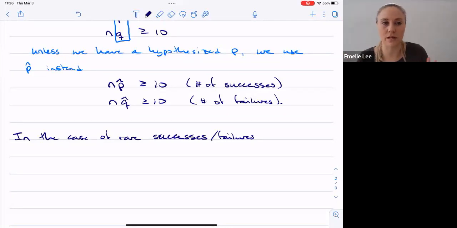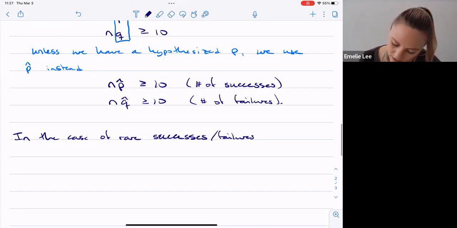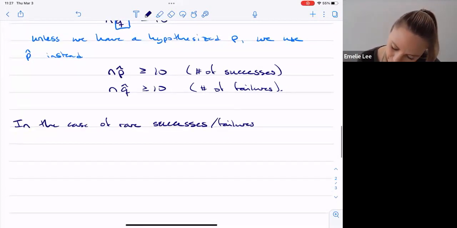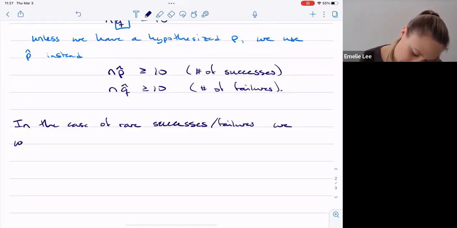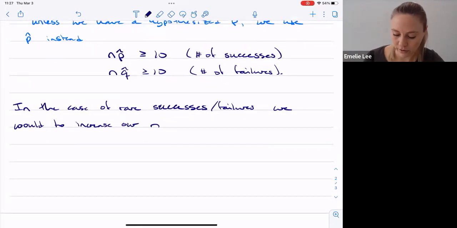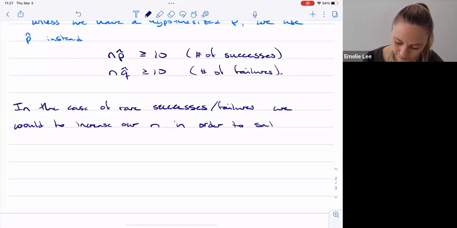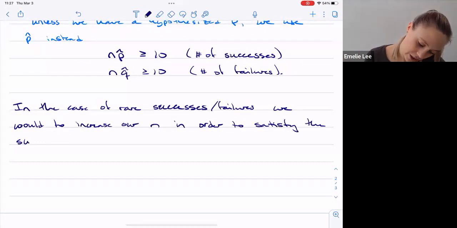So it doesn't really matter. So in the case of rare successes or failures, we would need to increase our n in order to satisfy this criteria. Satisfy the success failure condition, I'll say.